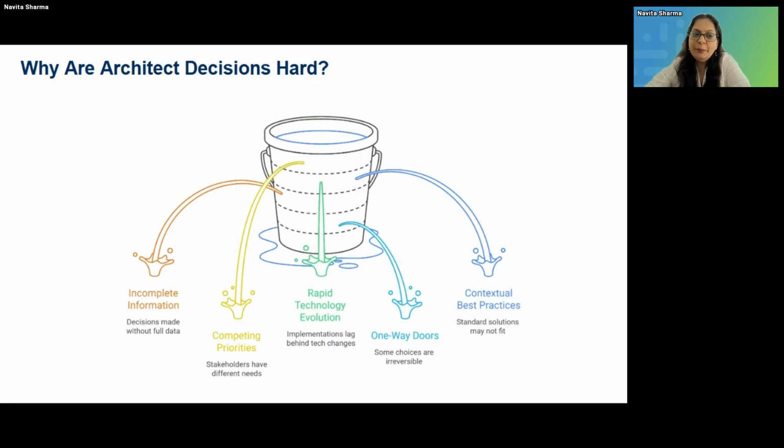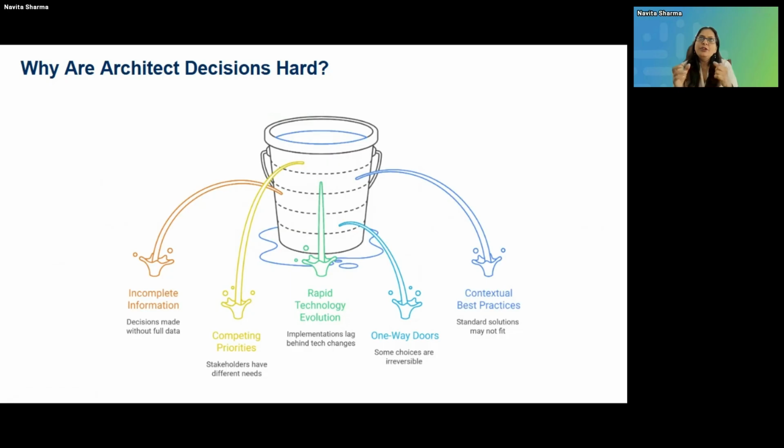We want to keep this bucket full, ensuring that we have a healthy project and we are giving the value, but there are holes in the bucket which are creating trouble. So let's go through these holes one by one.